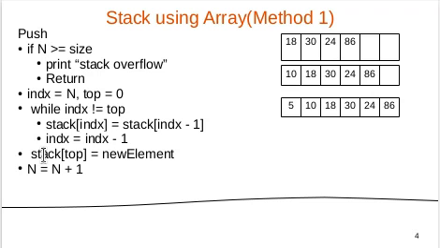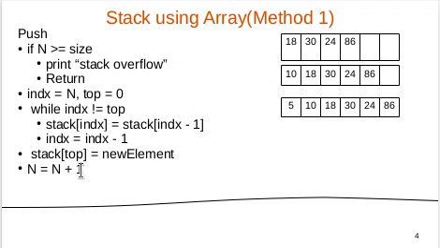If the array is empty, then index will be 0, top will be 0, so it will not go inside this loop. So stack of top, that means position 0, will be the new element, and n will be n plus 1, that means 1. So one item is in the stack.